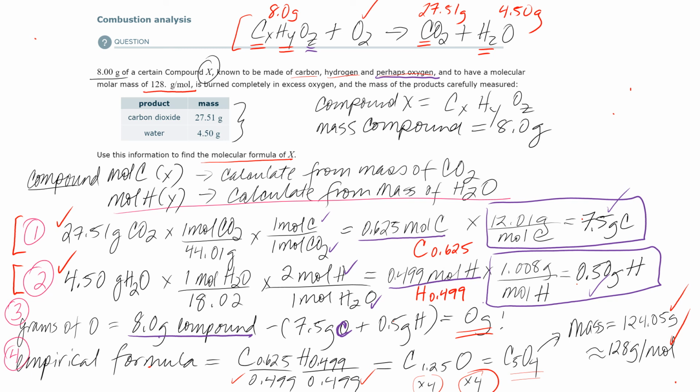That leads us to step 3. The way to get at grams of oxygen is to take grams of carbon and grams of hydrogen that we know are in our unknown compound and subtract them from the starting amount of compound. Once we have that, we can calculate our empirical formula as just shown.